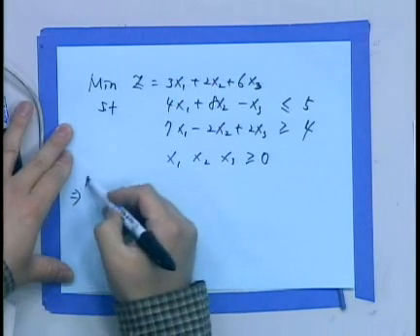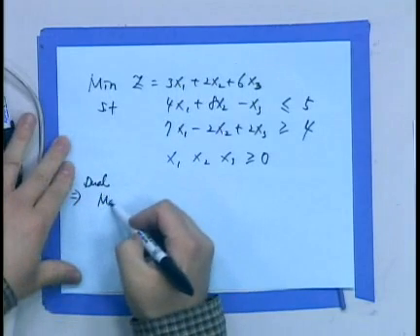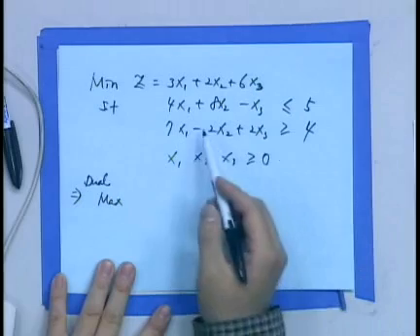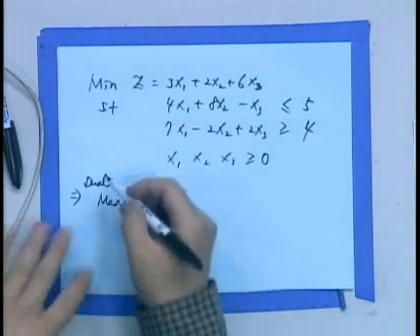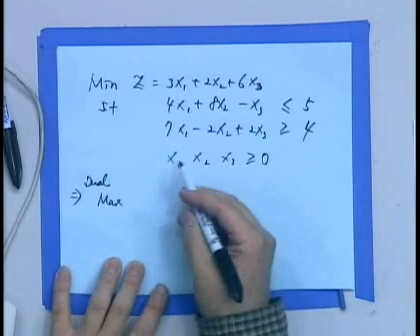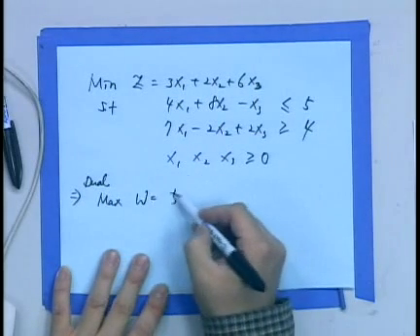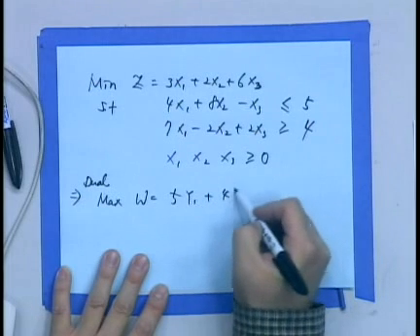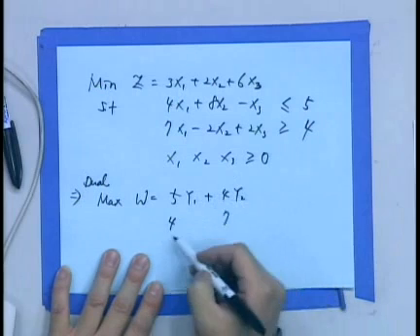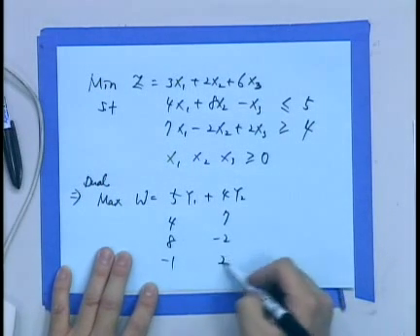And then the dual problem would be a maximization problem, right? And it's going to be 3 by 2. So W is 5y1, 4y2, with coefficients 4, 7, 8, negative 2, negative 1, 2, right?